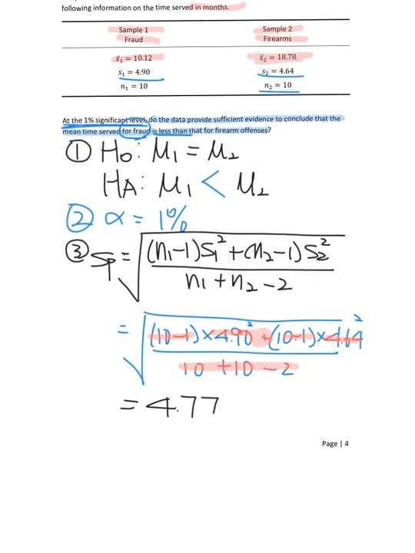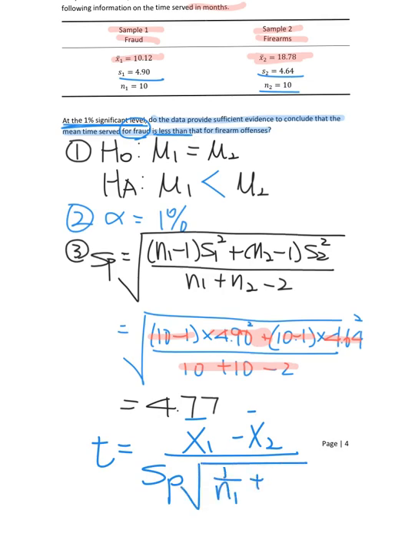Now take the test statistic. T, which was the sample mean difference, and we plug SP here, times 1 over n1 plus 1 over n2.